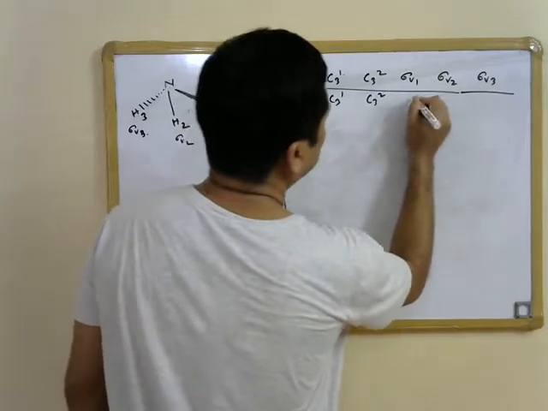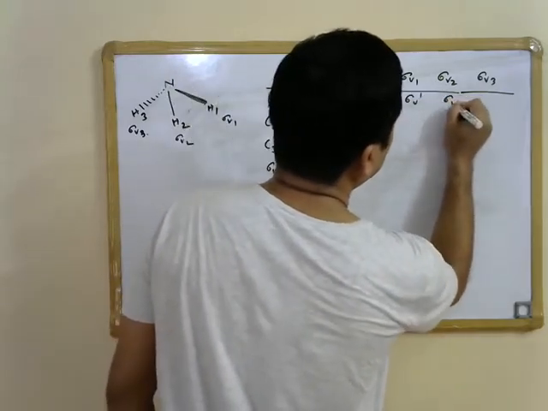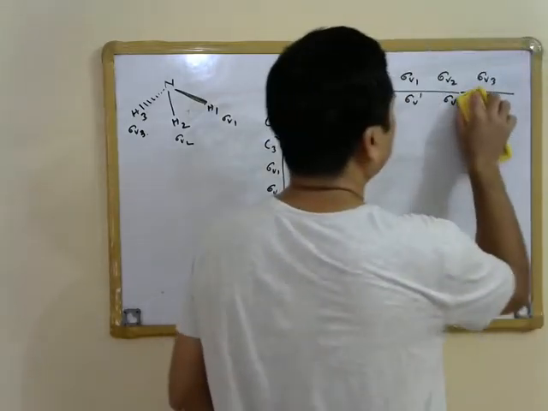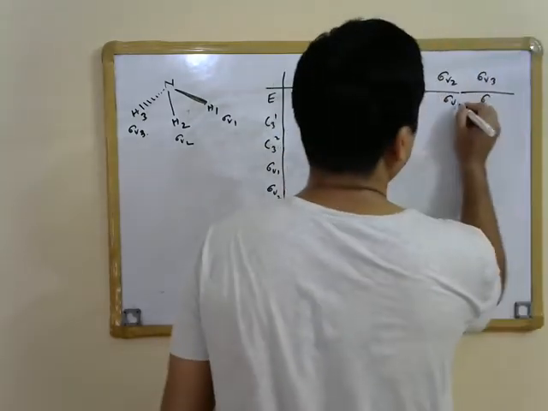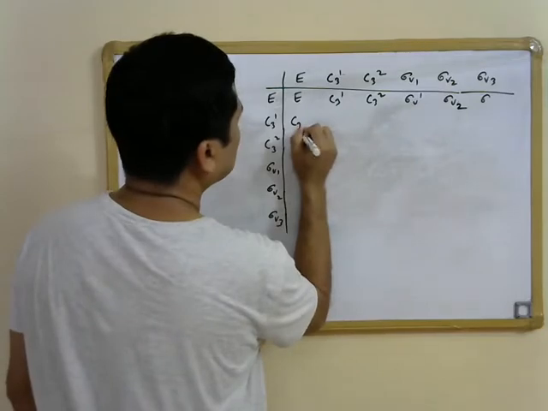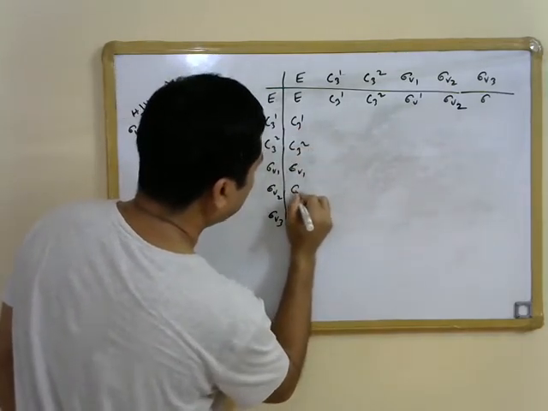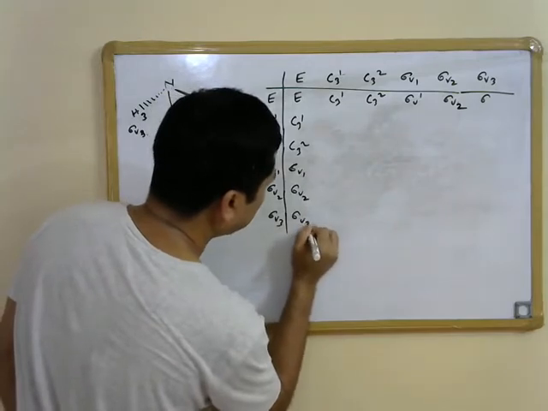These products with the identity element we can easily write. Here, C31, C32, sigma V1, sigma V2, sigma V3.